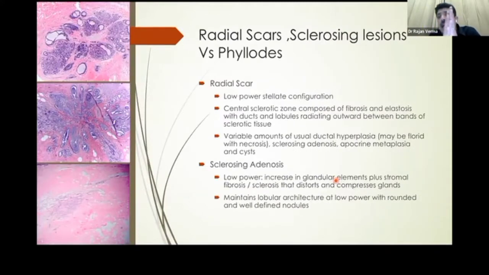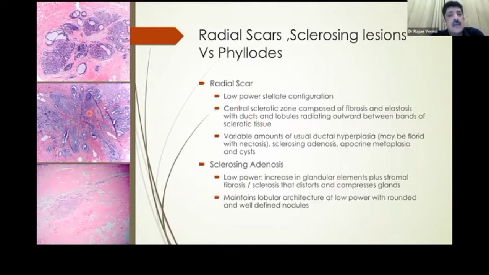Now, radial scars and sclerosing lesions do not generally come into the differentials, but if the sclerosis is too much, then you can have a problem in differentiating between a phyllodes and the sclerosing lesions. Radial scar is basically a low power diagnosis. Generally, it looks like a low power stellate configuration.